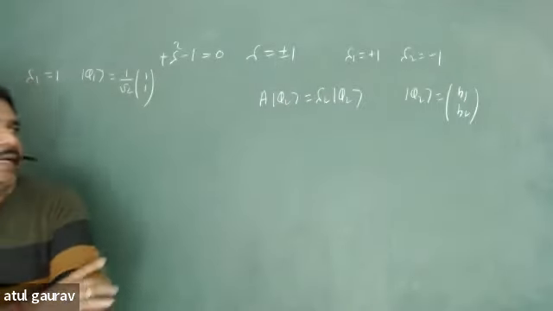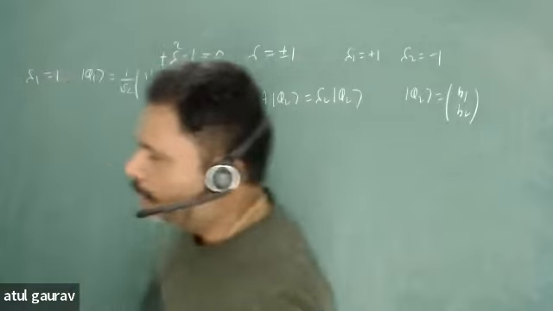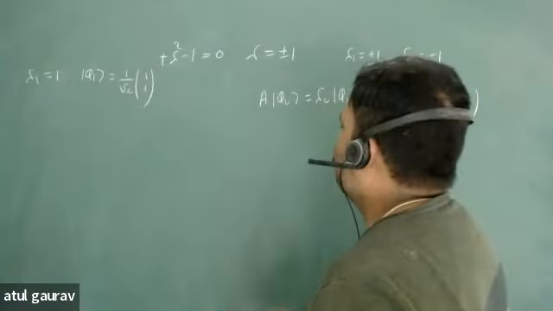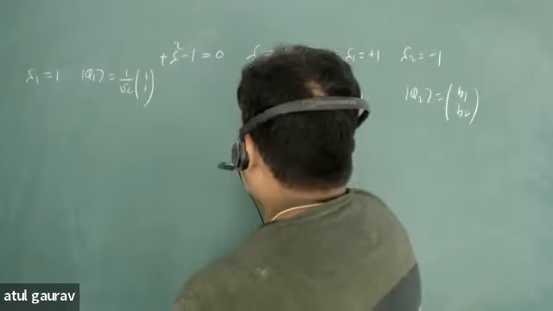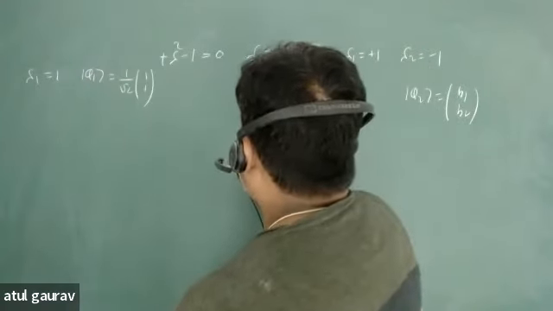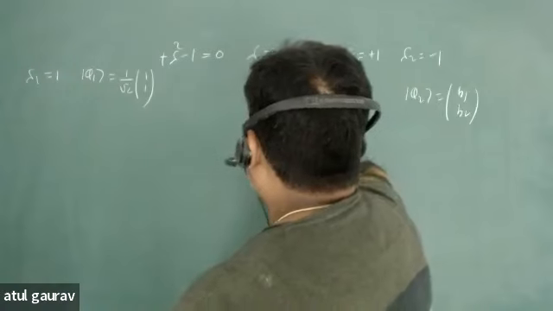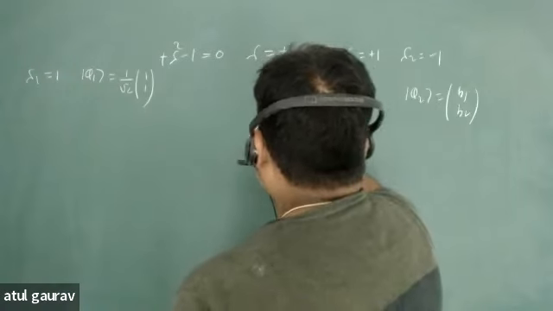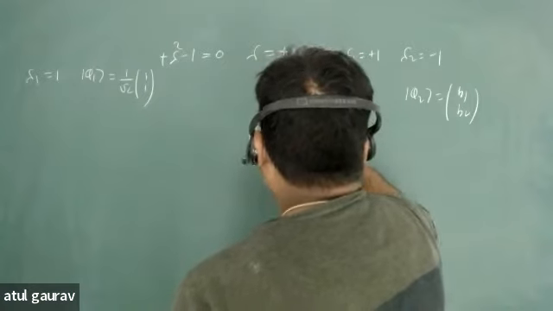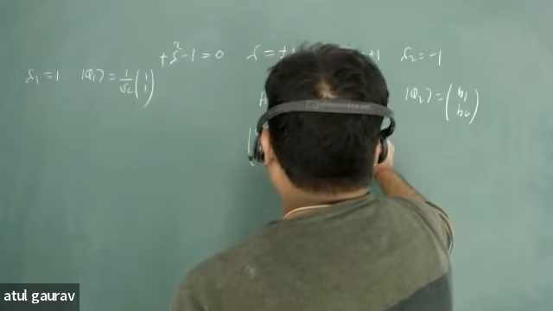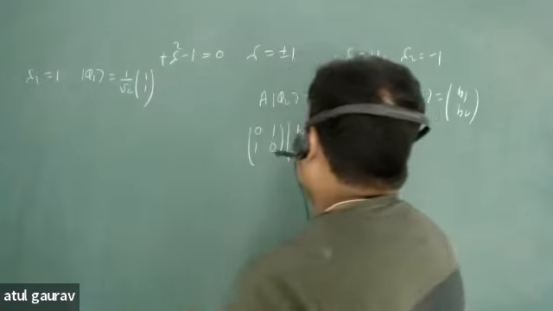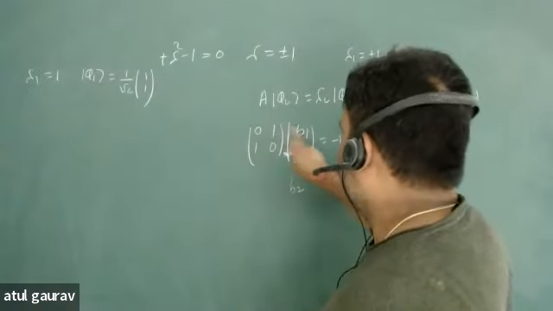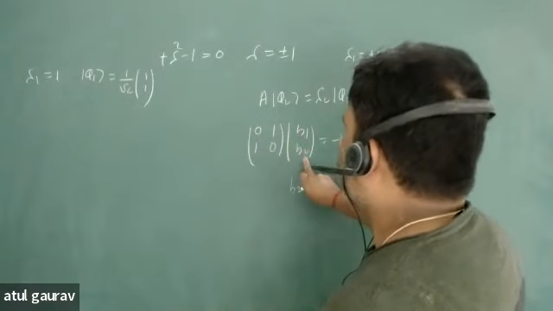Now, if you are getting B1, B2, you have to find suitable values of B1 and B2. So you have 0, 1, 1, 0. And what is your phi 2? It is B1, B2. And what is your lambda 2? Minus 1, B1, B2. So what are you getting? You are getting B2 is equal to 0 into B1, 0. 1 into B2 is B2.